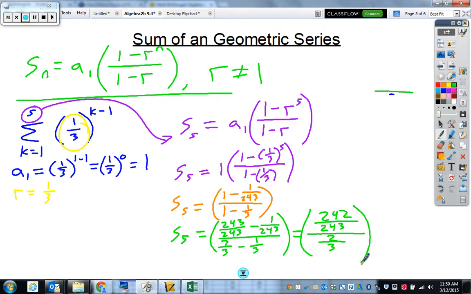Okay, now that may look really weird, but all I have is a fraction over a fraction, or a complex fraction. So I'm going to flip and multiply. So multiply this by 3 over 2. These cancel out.